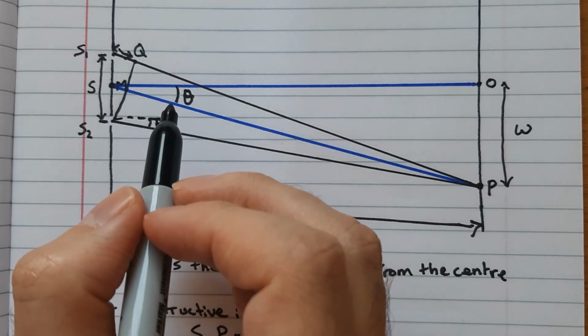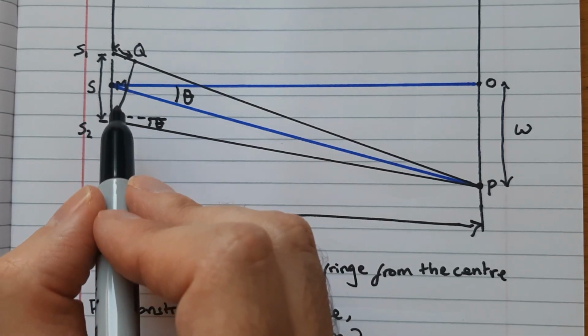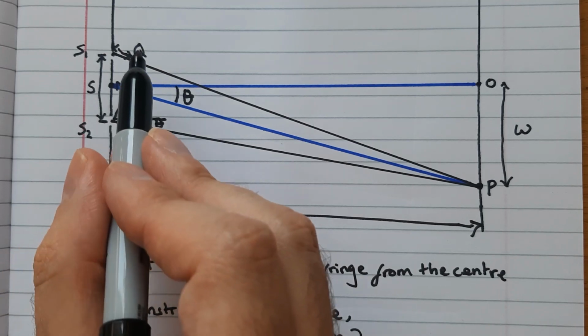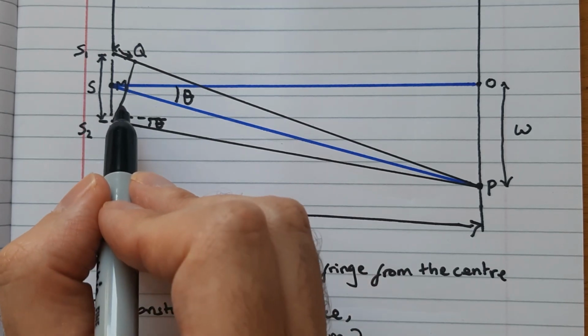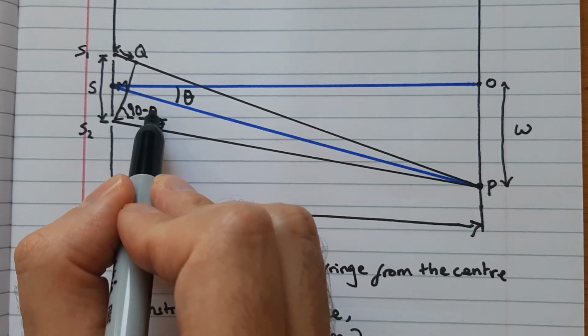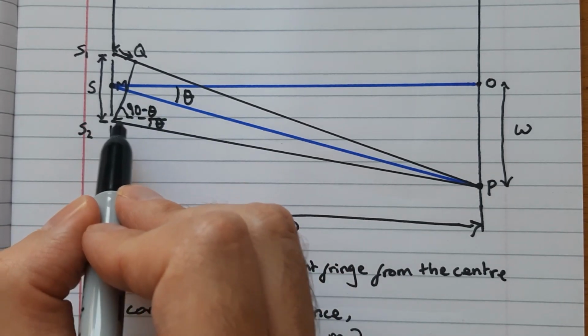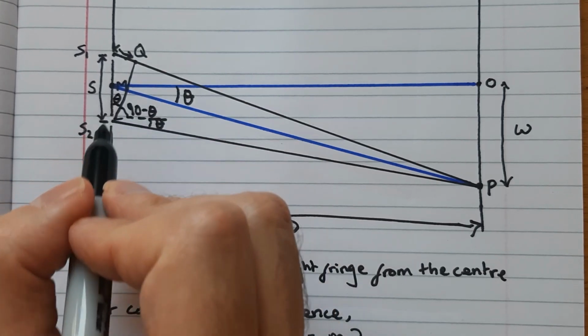Now, if this angle is theta, this is to within a tiny, tiny percent perpendicular to the rays. So this angle here is 90 minus theta. And because this is a vertical and this is a horizontal, that makes this angle theta.